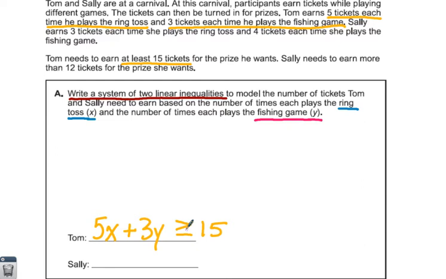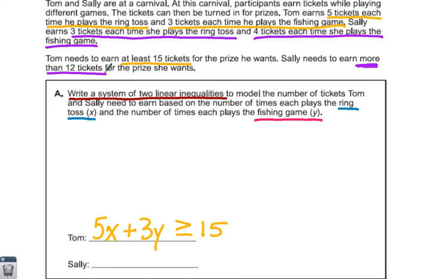And so now there's Sally. Sally's the one that earns 3 tickets each time she plays ring toss, and 4 tickets each time she plays the fishing game, and she needs to earn more than 12 tickets.